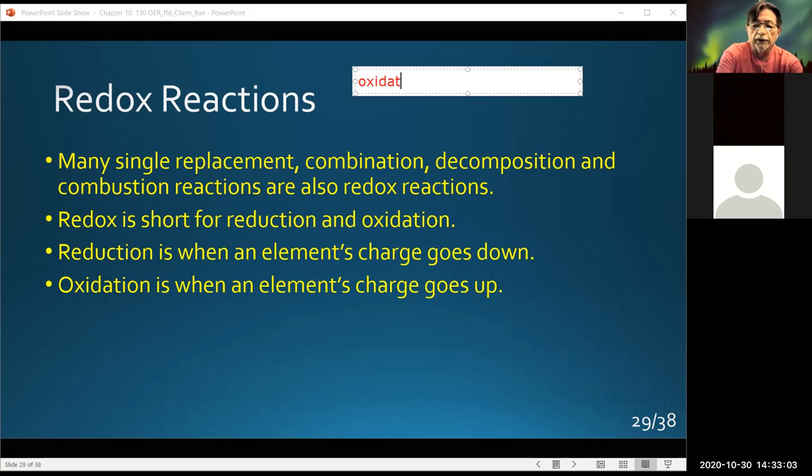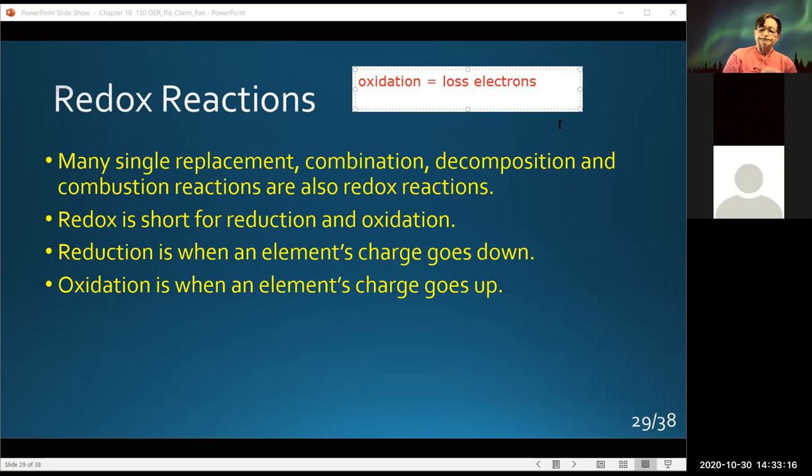Oxidation is one term, and that is loss of electrons. So anything that loses electrons has undergone oxidation. Now, anything that gains electrons undergoes what we call reduction.